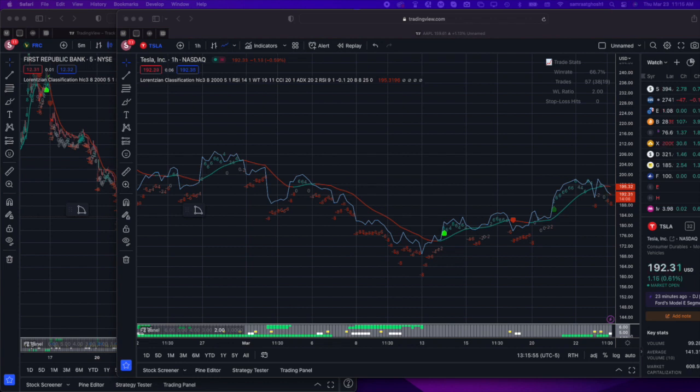So you can see it bought right around 180 and has held since then. 192.36, 192.38.